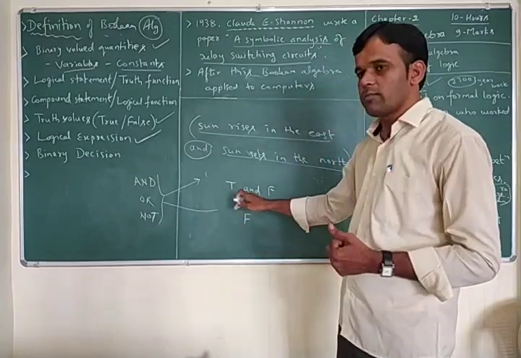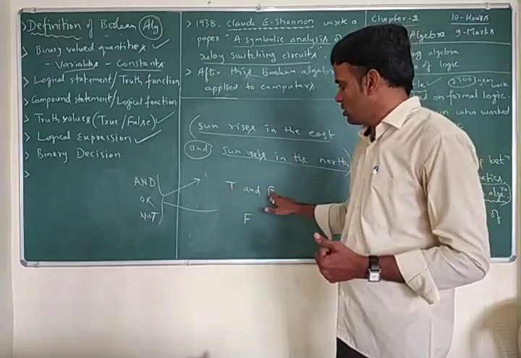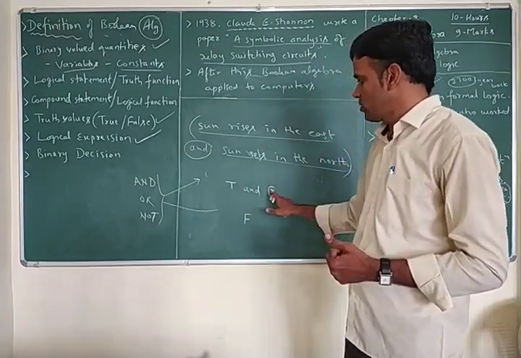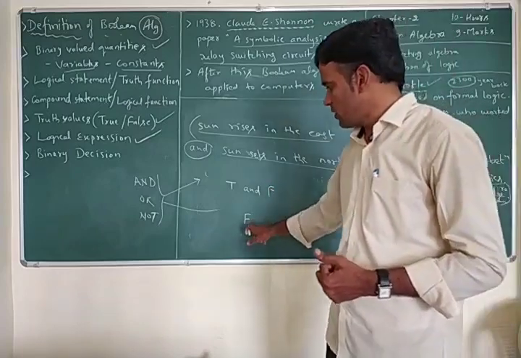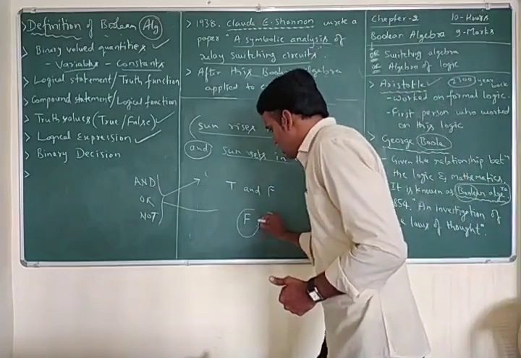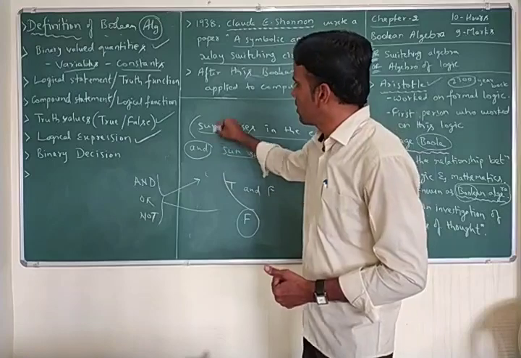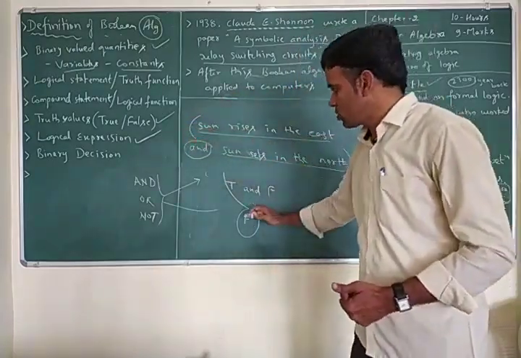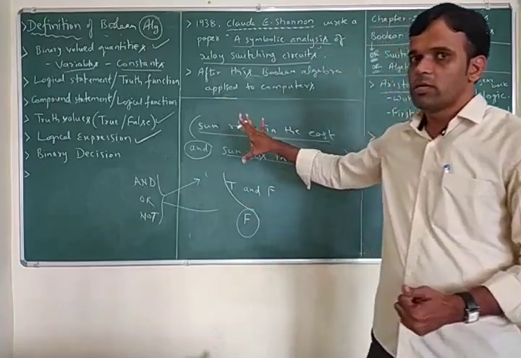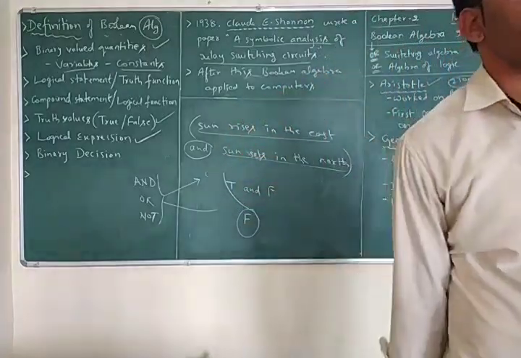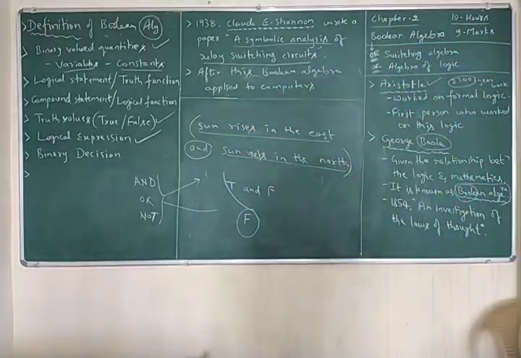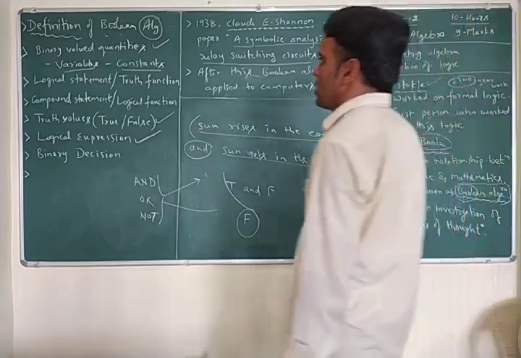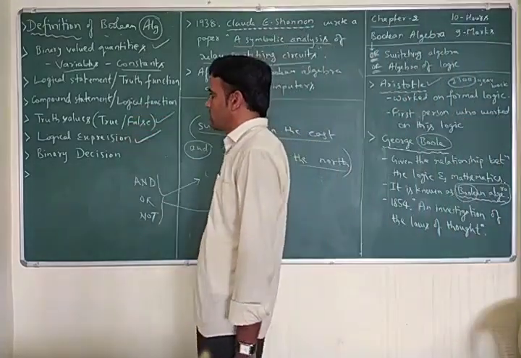Here all are not true, since we have only two components, one true and the other false, so finally it is false. This is the truth value of this compound statement. So to arrive at the truth value of a compound statement, we should know the truth values of all its components. It is even called a logical function.